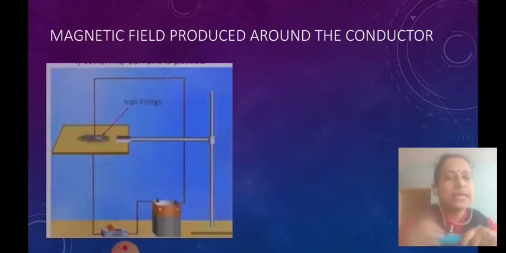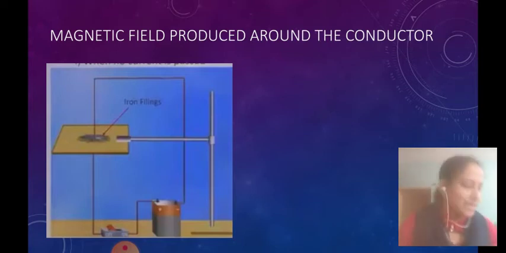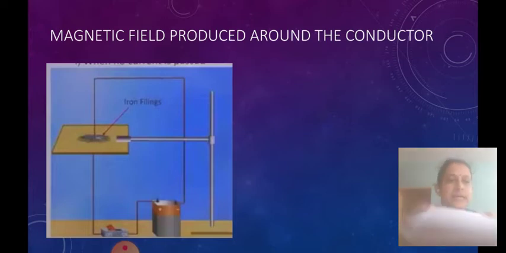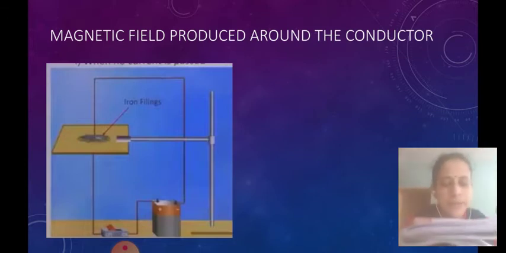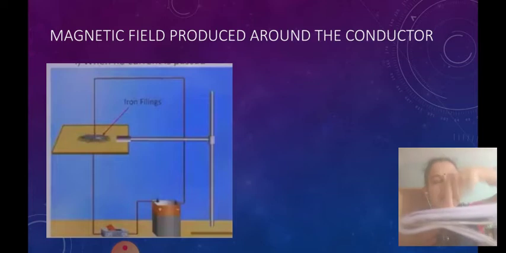Fine. So what he did, he took one stand, he took the key, and he took one cardboard, and through that cardboard he tried to pass the wire. Suppose this is the cardboard. So he just made a hole in the center of the cardboard, and through this he passed the conductor.